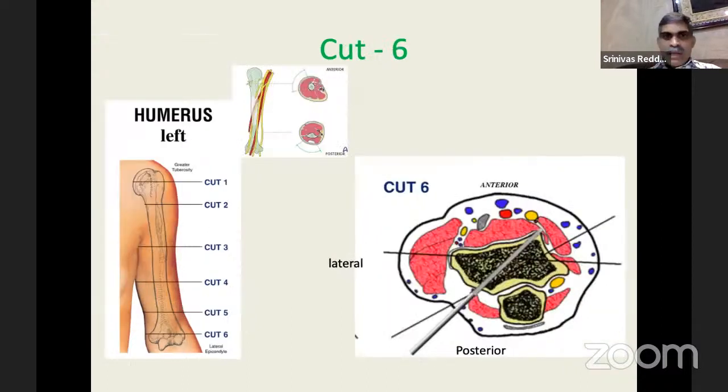And in cut 6, this is the last one which you need to know. This is in the condylar area. This is the medial epicondyle, and this is the lateral epicondyle.